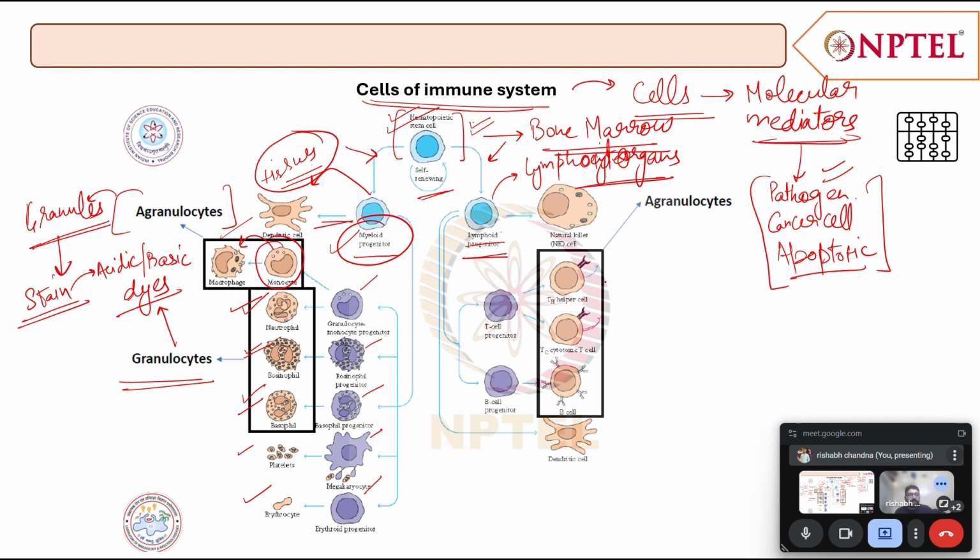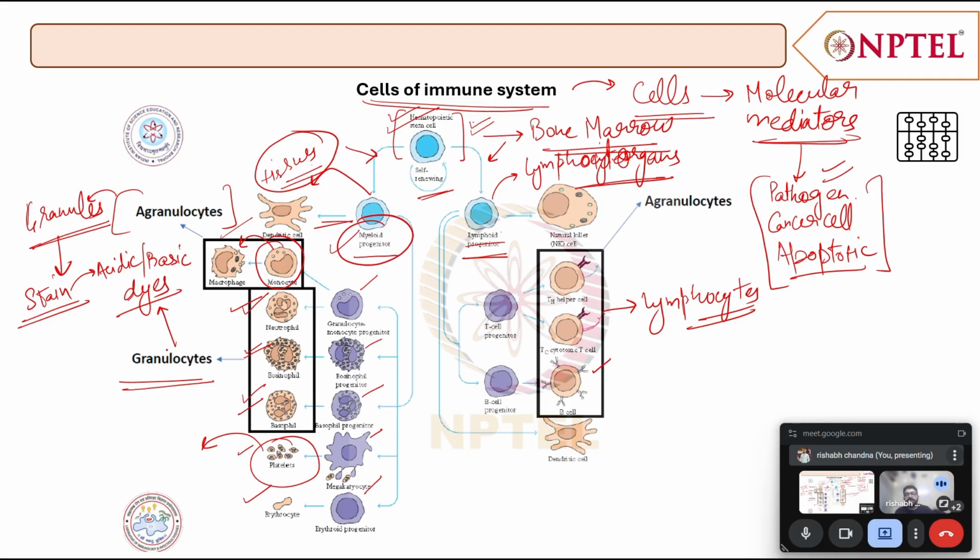Then we have T cells and B cells. These are the lymphocytes. Then the megakaryocyte will give rise to platelets. Platelets are not directly involved in the immune system.